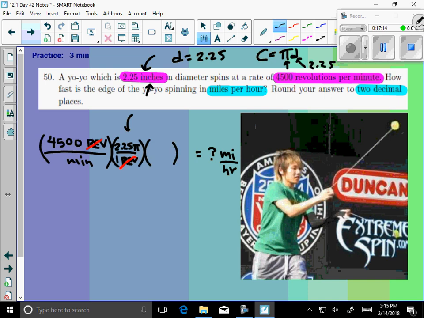So what we want to do is get rid of inches, and we want it to turn into miles. Well, 1 mile is equal to, maybe you knew this, maybe you didn't, 63,360 inches. Okay? And we also want hours, right? Because that'll help us to cancel inches with inches. We also want to cancel minutes, right?